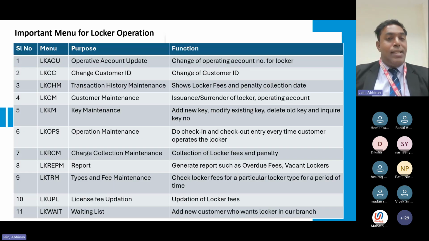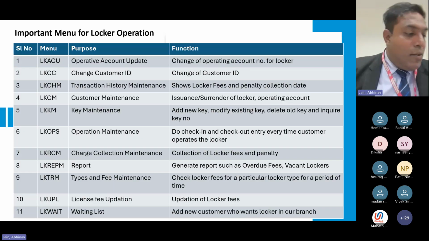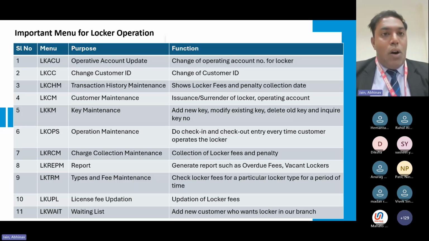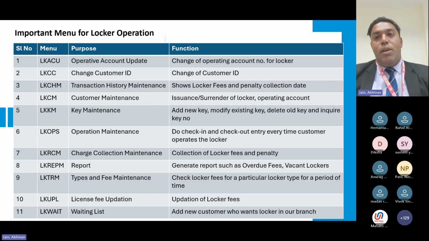Now, let me discuss a few important menus pertaining to locker operation. First menu is LKACU, for operative account update: if you want to change the operative account number of the locker, you can use LKACU.